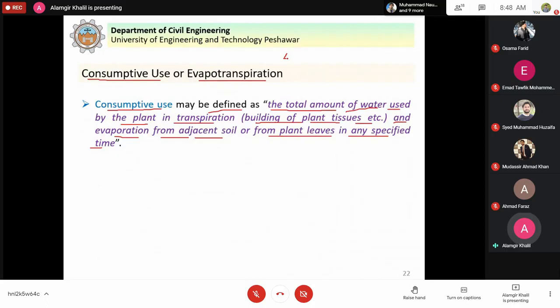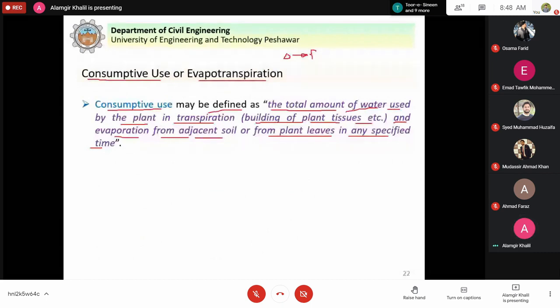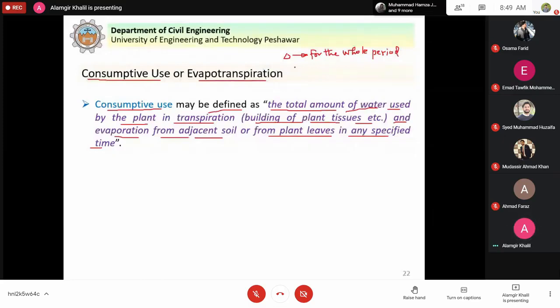You see that the delta of the crop that we studied is for the whole period of the crop growth. So the total depth of water required during the entire growth period of the crop is known as delta.